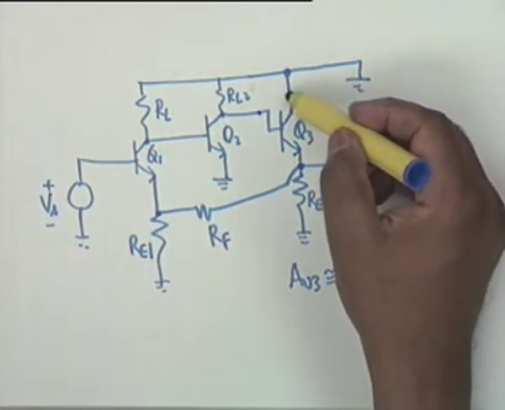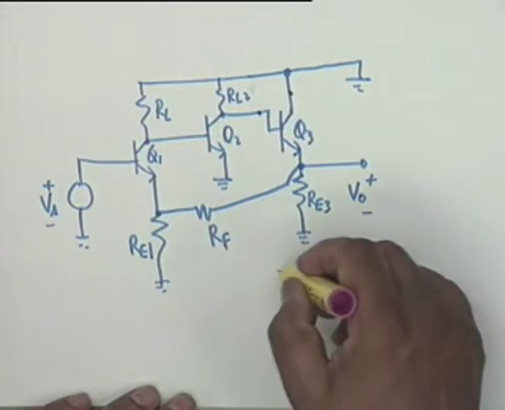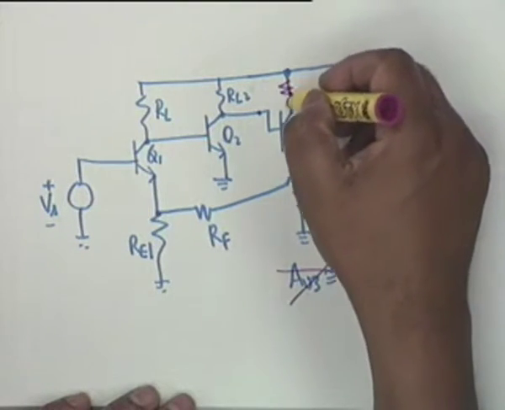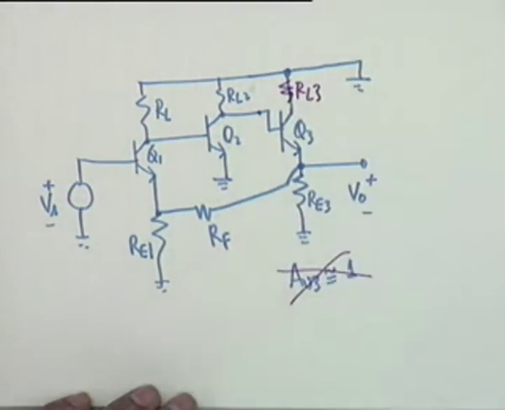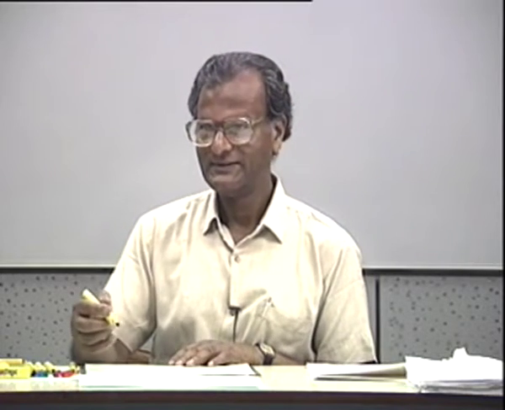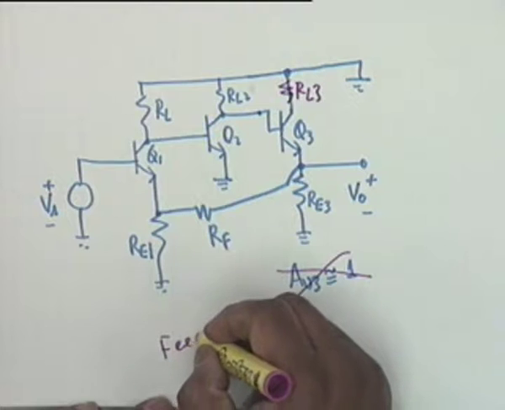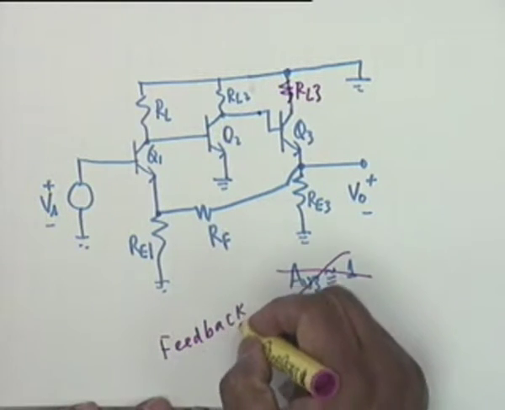And if you add a load here, what do you think will happen? If you add an RL3 here, gain will increase. The bandwidth decreases. This precisely is the circuit of the so-called feedback triple.